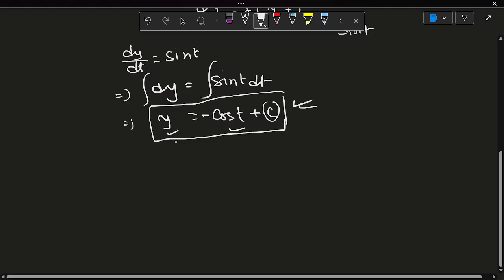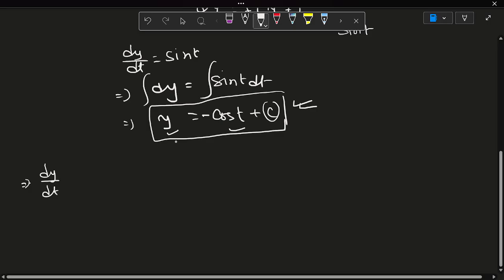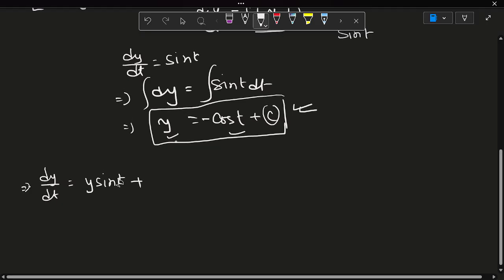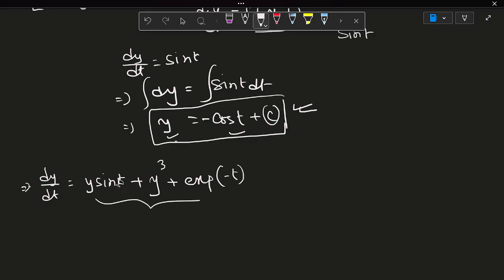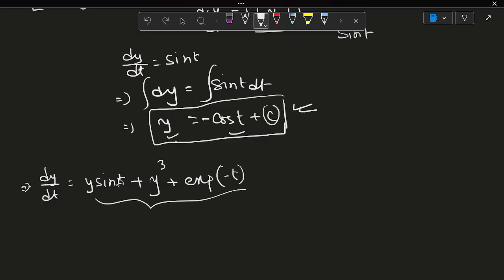For example, dy/dt equals maybe y sin t, and on this side there can be a non-linear term like y cubed, and suppose exponential of minus t. Now analytically it is very hard to calculate this.